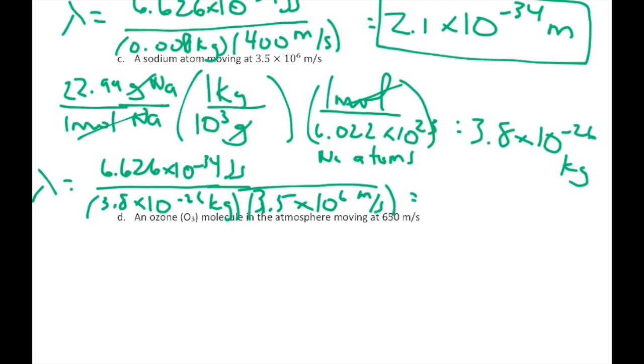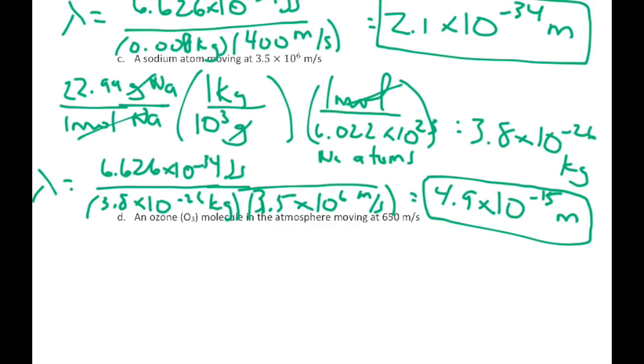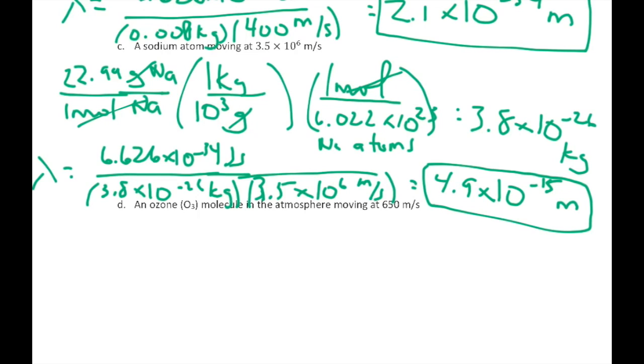Because we are using standard units for everything else, we can be reasonably assured that our answer will also have standard units. So that's a good thing. So we get 4.9 times 10 to the negative 15th meters.